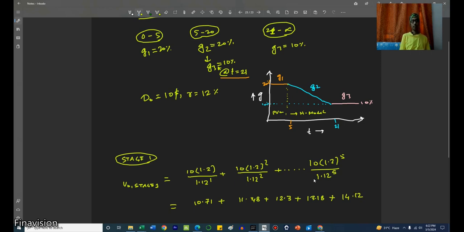We add these up, plus 13.18 plus 12.3 plus 11.48 plus 10.71. The total value for this stage 1 is 61.79.